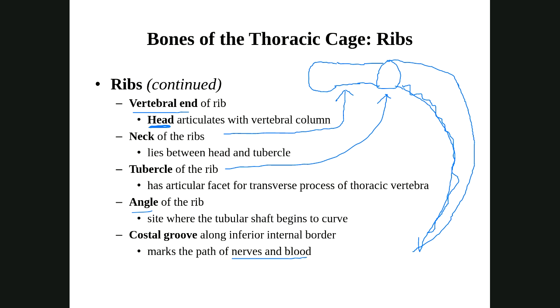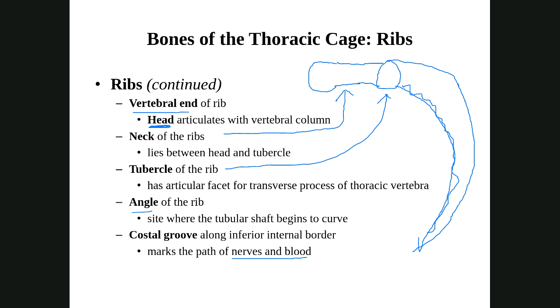And that's important because if you ever have to deal with a pneumothorax, does anyone know what that is? Pneumothorax is air in the thorax. It's when essentially the lung collapses.